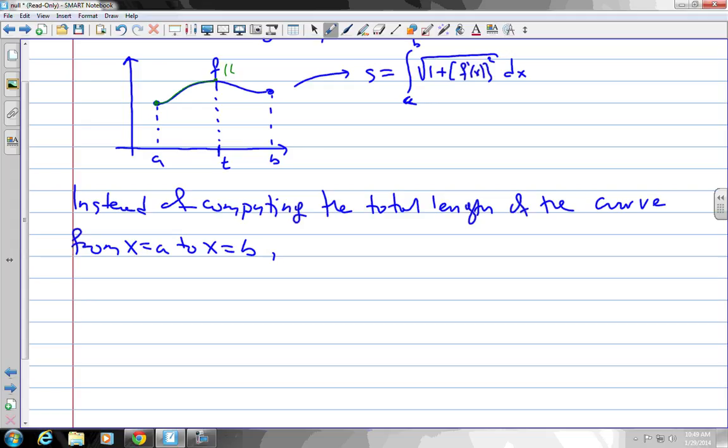So this point right here is t, f of t. And this point right there is a, f of a.